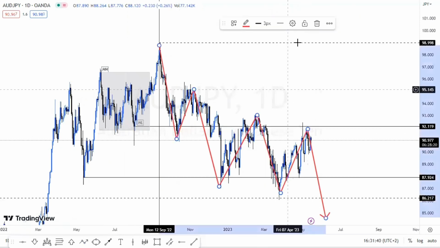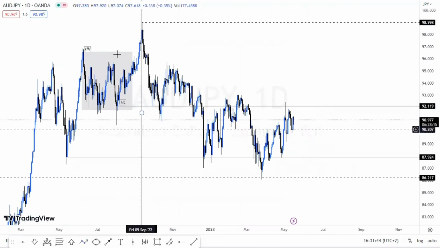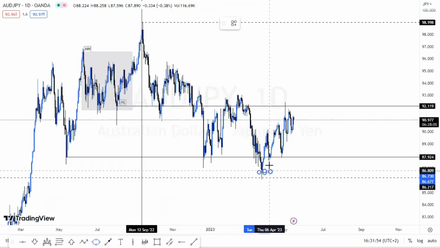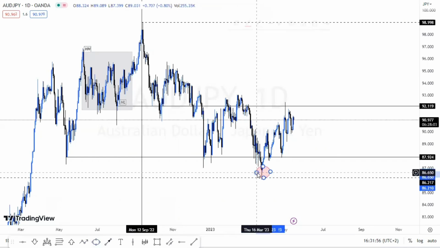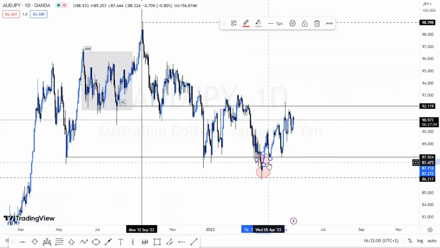Okay, so now we might say, okay, the higher low was broken, price came and retested, and then it dropped, made new lows. These are new lows right here. These lows broke the previous ones. It broke these ones right here.